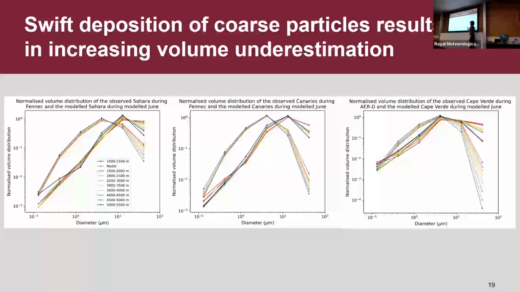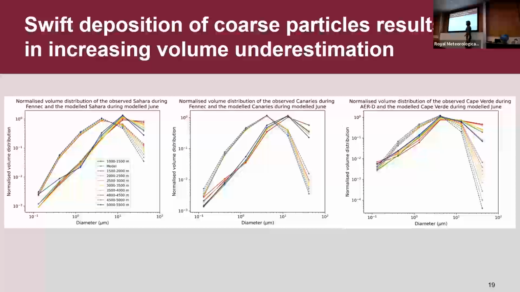I'm just going to ignore this one on the right for a second. Through the preliminary results from the Salt Trace data, at Cape Verde and the Caribbean, this gap just continues to increase. The bin 6 points are going way down here. As we saw on the previous slides, it's completely missing those coarse particles.